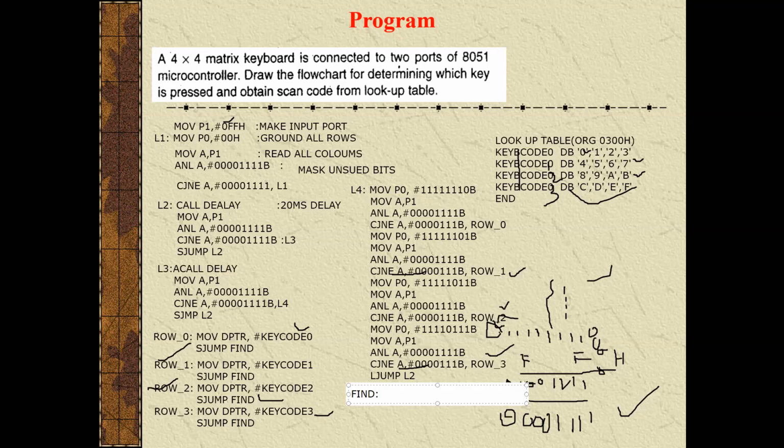The find loop has RRC A, which will check whether any carry is generated or not. Then JNC, DPTR.